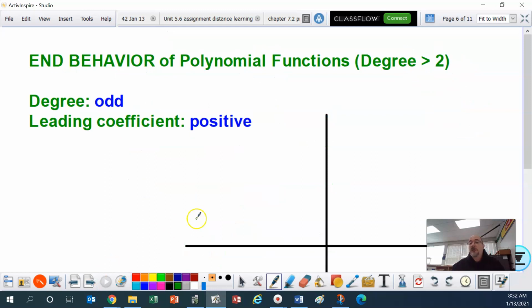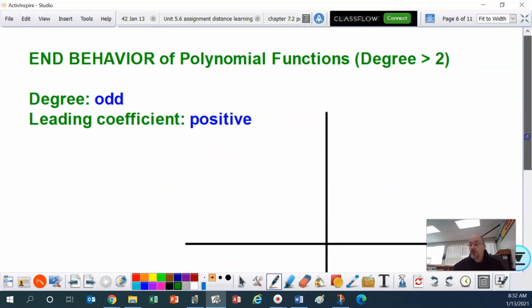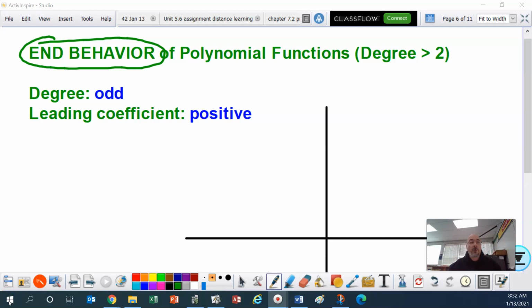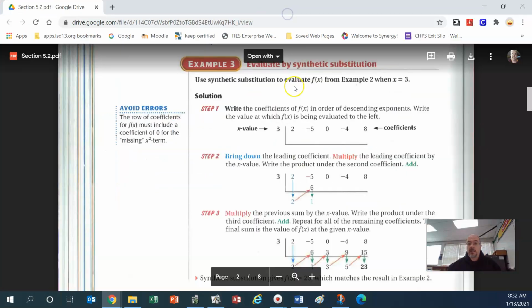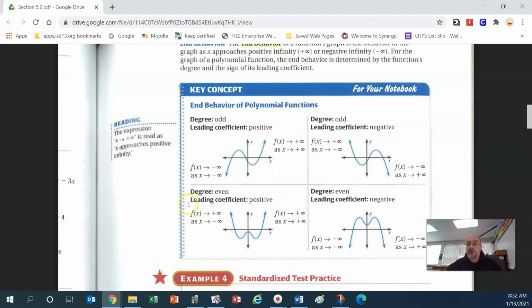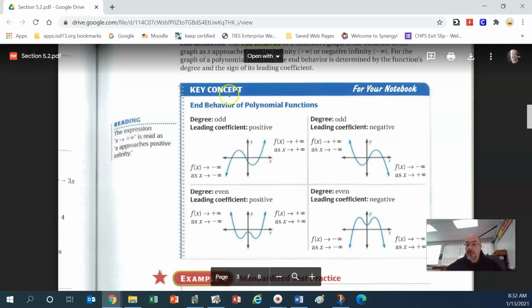Now, something else that we're going to talk about is what is the end behavior of polynomial functions where the degree is bigger than 2. What I'm about to go over with you, again, you can find in your book. So let me pull in the textbook again, ladies and gentlemen, and let me scroll down. What I'm going to talk about right now is a key concept.